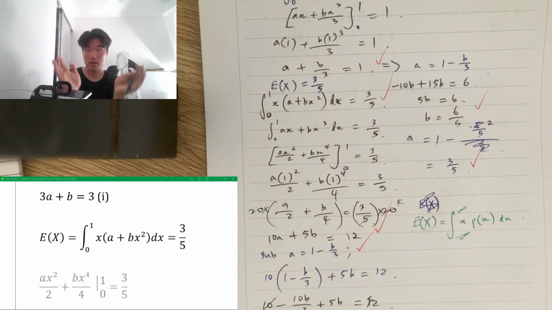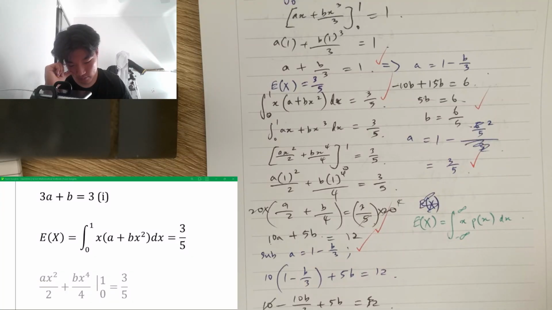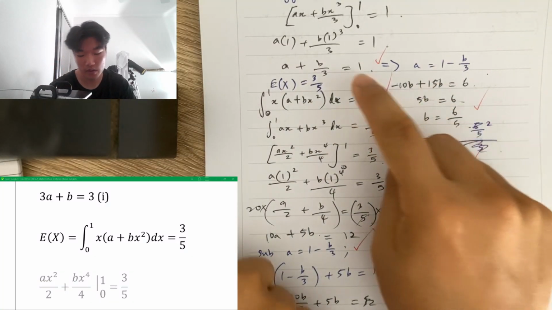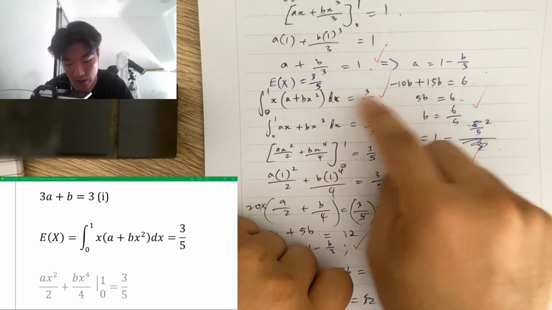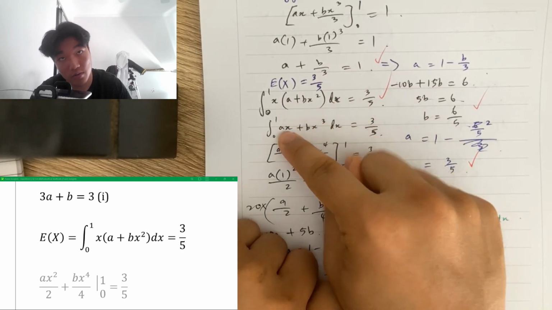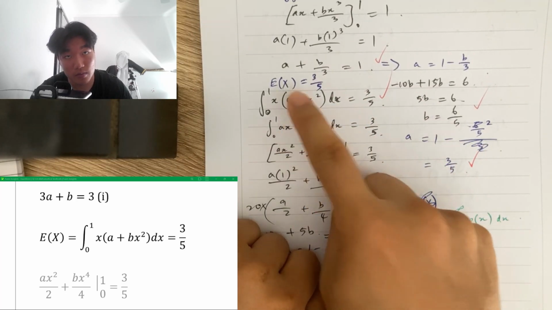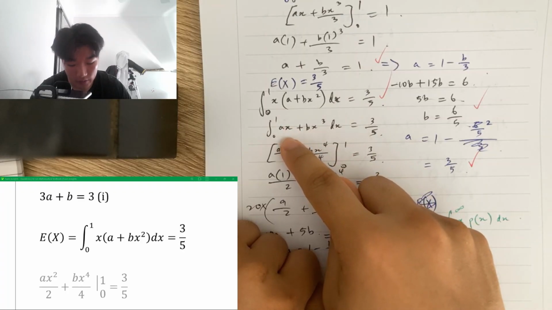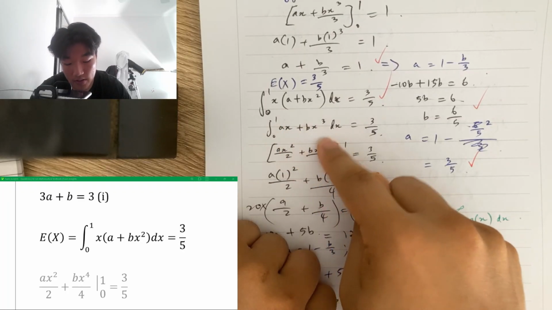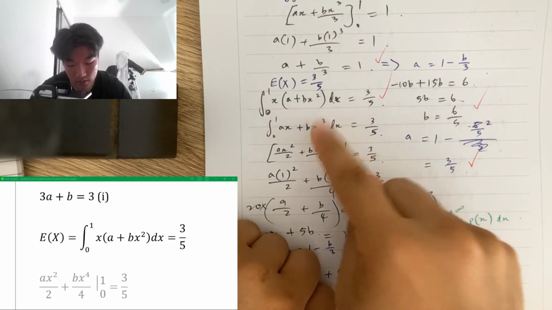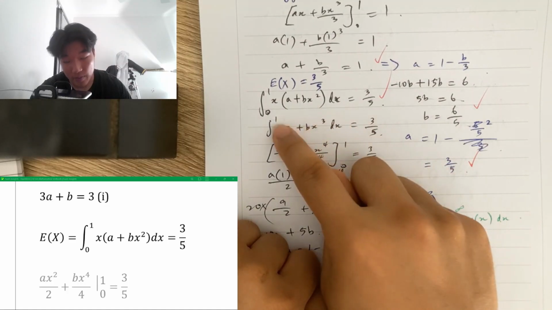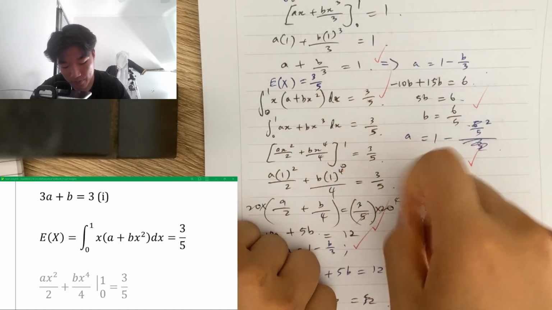There are brackets around the probability density function, and you're integrating it. And since we're given that this equals 3 over 5, we can work this out. So I distribute x to both terms, giving us ax plus bx cubed, and then the bounds are 0 to 1, just like before.